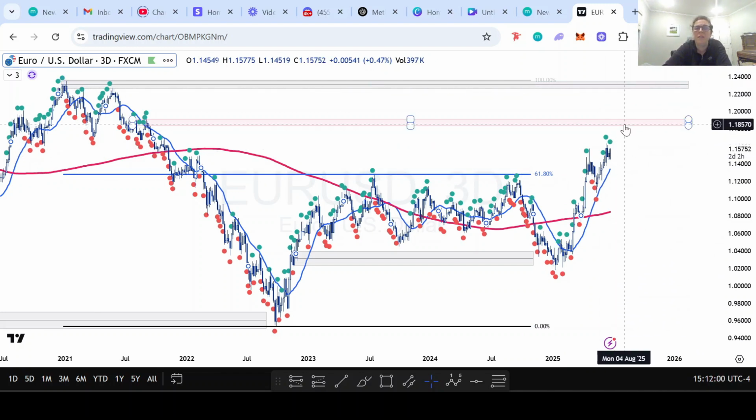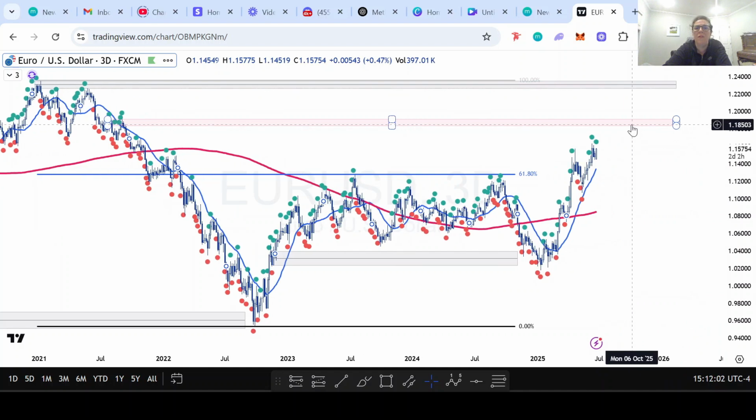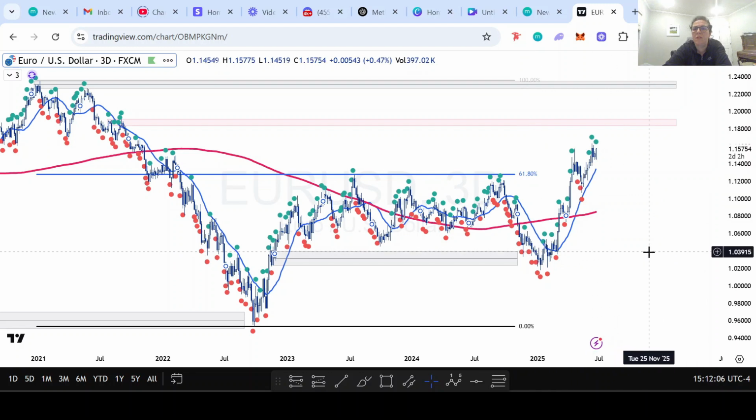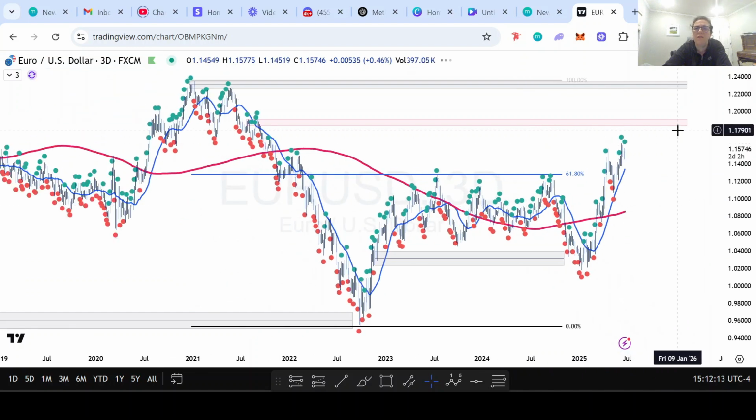We could see this as an interim level, creating a new range, and we could see pullbacks all the way down to taking out some of these levels here. But we don't trade that far in advance. We're really going to trade to here and then see what it does at the liquidity there.